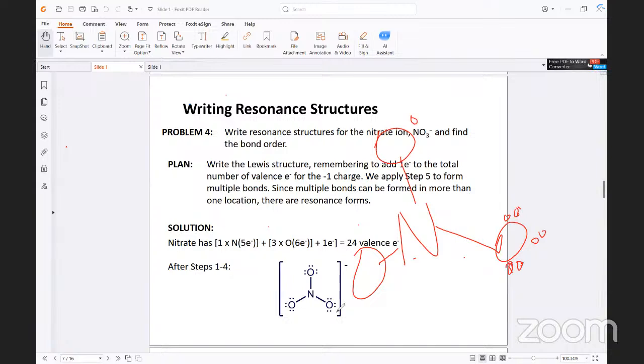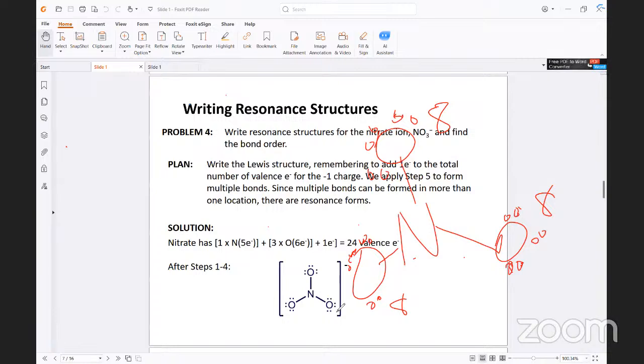Then I will say 1, 2, 3, 4, 5, 6 to also make 8 electrons on that oxygen. Now, if I go to this one, I'll have 1, 2, 3, 4, 5, 6 to make 8. Now, I have 8 here, 8 here, 8 here. That is a total of 24.